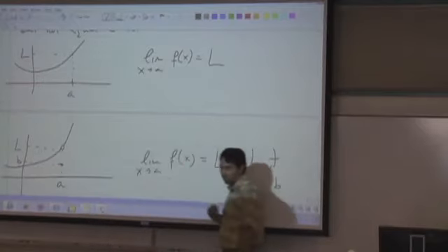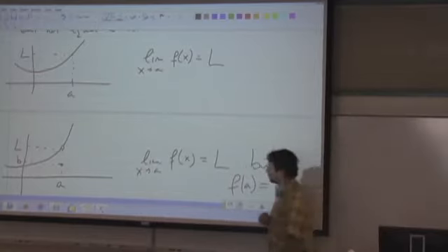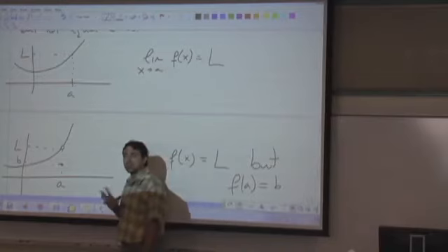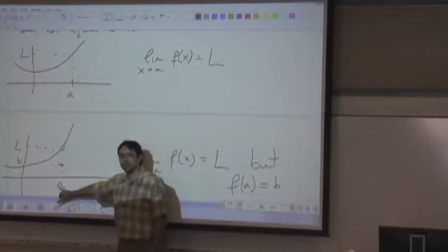Is everybody understanding this? Yes, f of a isn't even on the line. So what's the problem if it's not on the line? Again, the key idea is I don't care what the value of the function is at a.